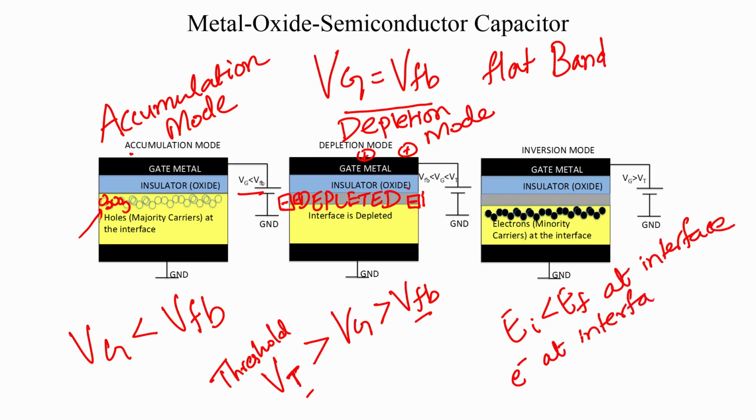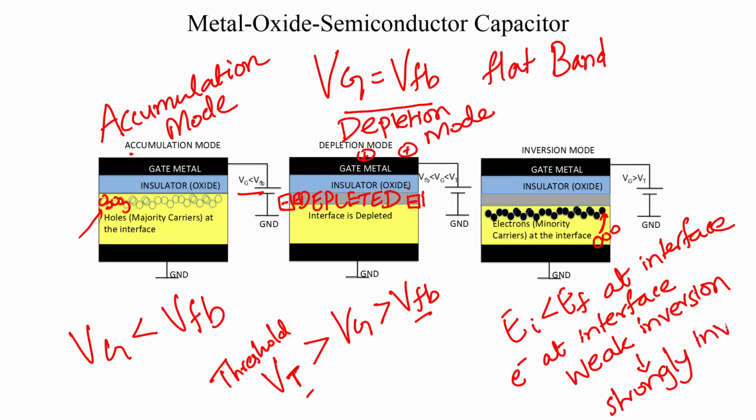When EI has just started going below EF, it is called weak inversion, and when EI has gone well below EF, and the electron concentration at the interface matches the hole concentration in the bulk, we say that the MOS capacitor is strongly inverted, and this happens at Vg equal to Vt.